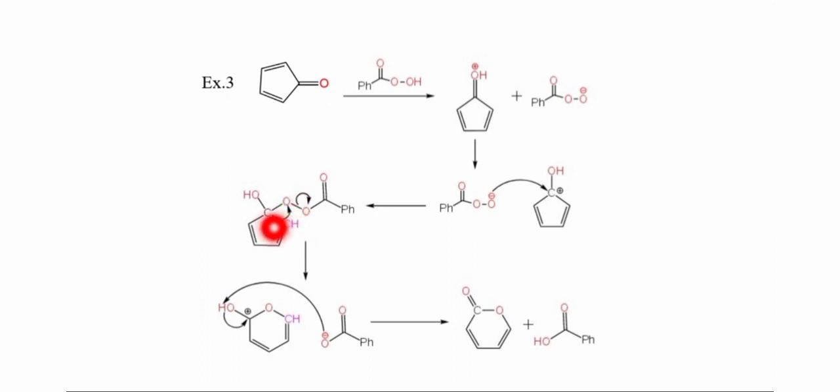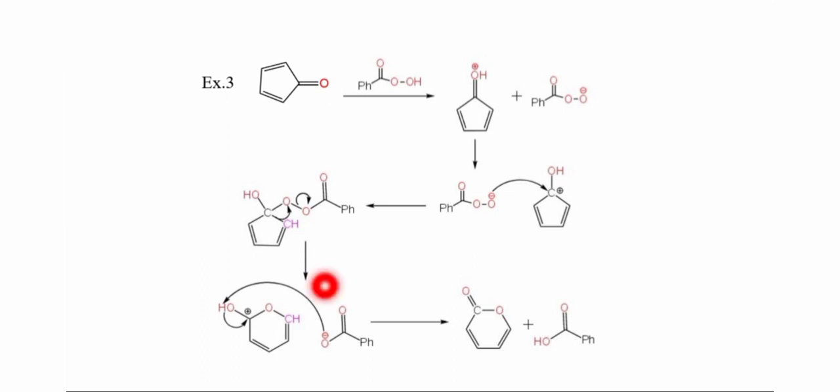Okay, so what will happen here, the bond between these two carbons gets shifted towards oxygen, and because of that this oxygen bond will break. This oxygen gets a negative charge, and this oxygen forms a new bond with this carbon. I have shown that carbon with another color so that you can understand with which carbon this oxygen forms bonding.